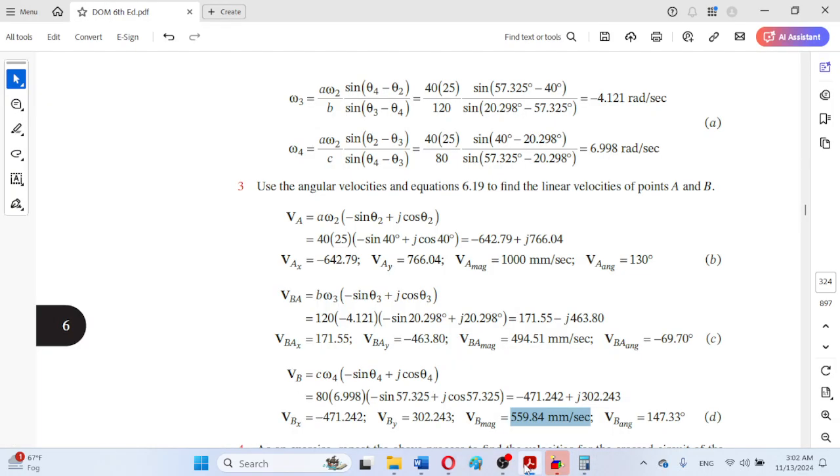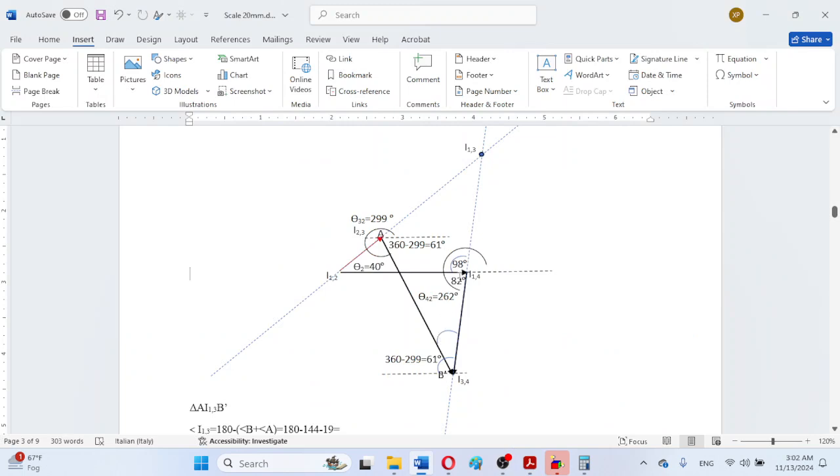So that means this angle, if we can just copy the label here and paste it here, will be equal to 37 degrees.